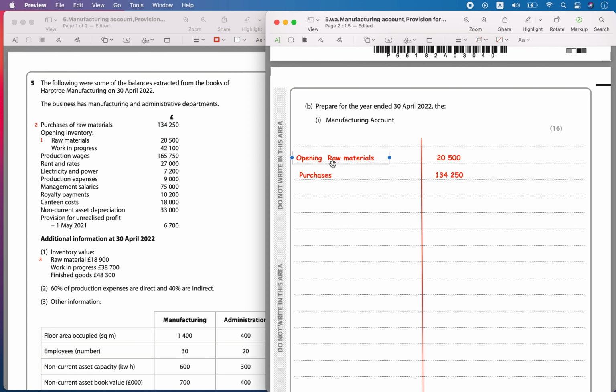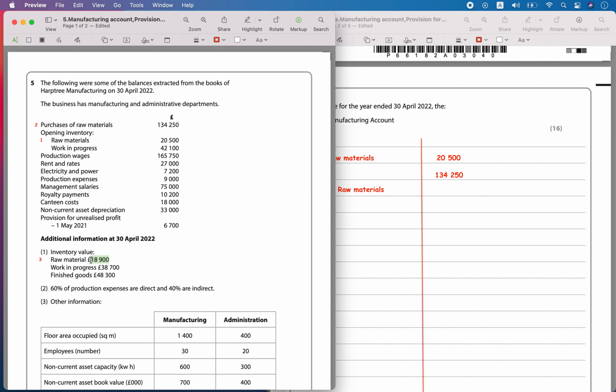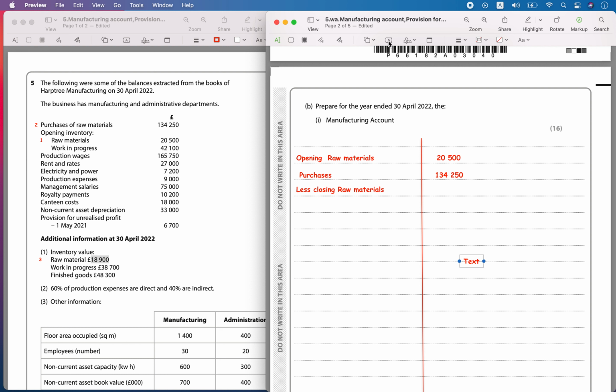Then you have the closing raw material, so you will have less the closing raw material, which is equal to 18,900. So then we will be able to calculate the cost of raw materials consumed.